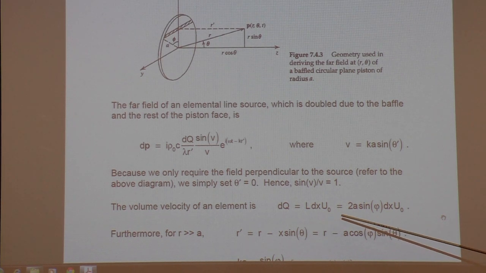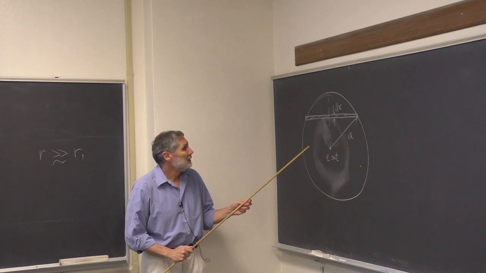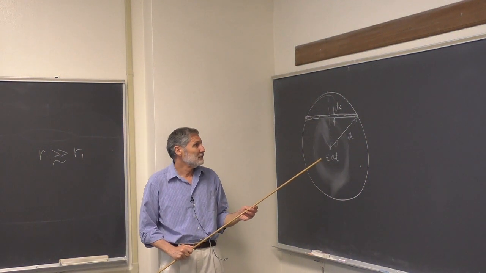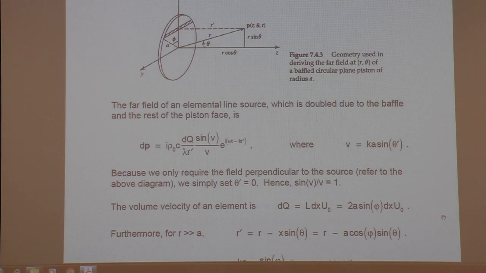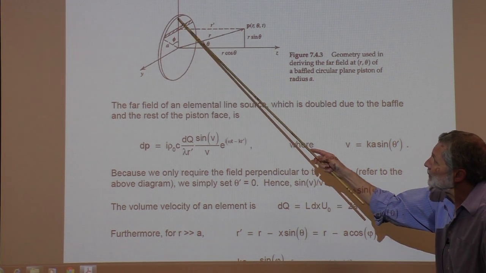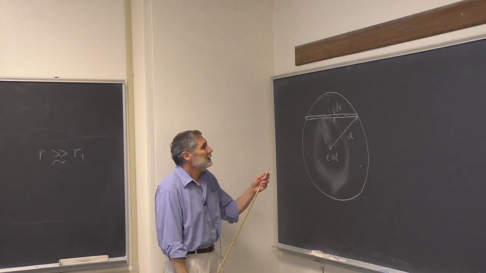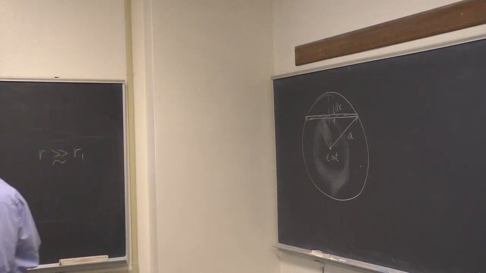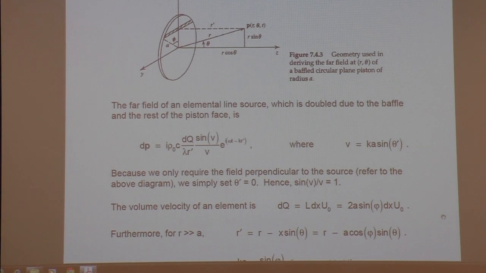The length is just going to be 2 times a times the sine of, excuse me, the theta's here. You can see it from this 3D drawing. It's going to be the sine of phi, right? So we can write down our source strength, substitute that into here, and form an integral.